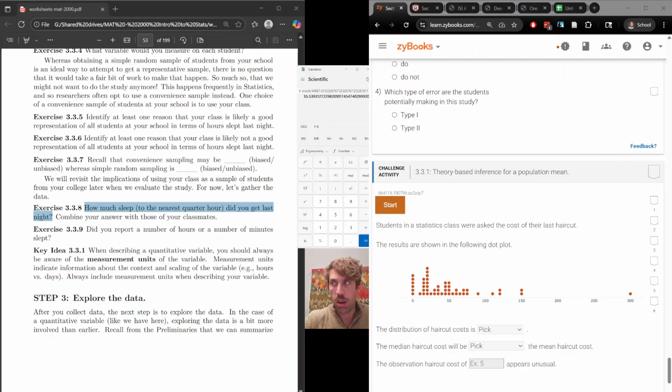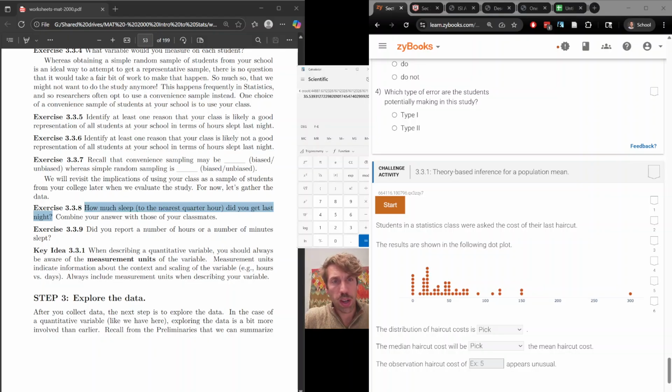And so these are questions that get at the heart of statistics, even though they don't have much to do with math. So number 5 is identify a reason why our class is a good representation. And number 6, identify a reason why it's not a good representation. Okay? Because it's a little bit of both, probably. So number 7, recall the convenience sample, maybe, and then choose biased or unbiased. That's just a review from 2 sections ago.